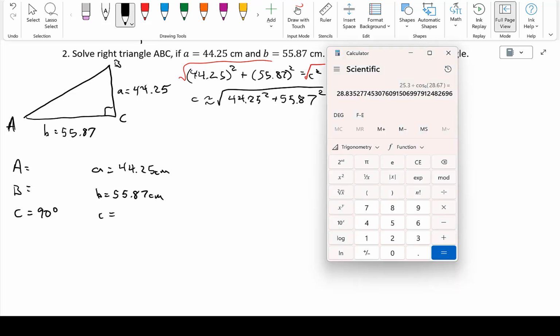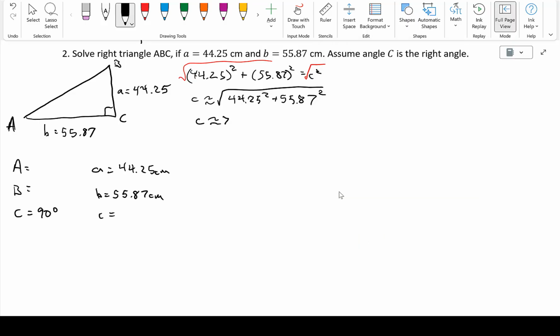Throw that in my calculator. So 44.25 squared, we're going to add that to 55.87 squared, and then we'll take the square root. We get a 71.27 since we went to 2 decimals for the others. So C is approximately 71.27 centimeters.